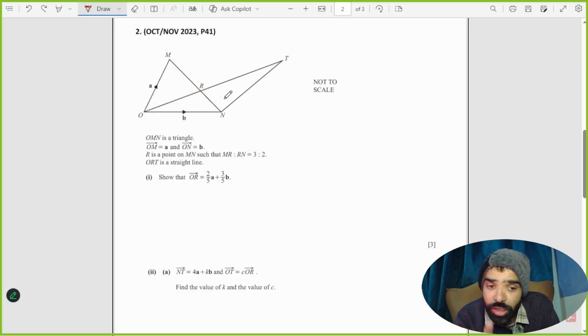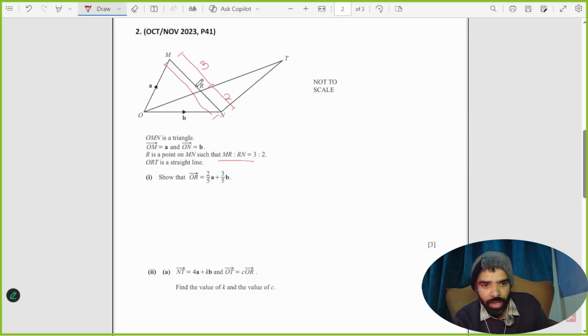But from the given information that R is the point on MN such that MR ratio RN, if you go from M to R and then R to N, three parts are with M to R and two parts are with R to N. So it means total parts from M to N are five parts. Any vector MR or RN will have those ratio over total, correct?